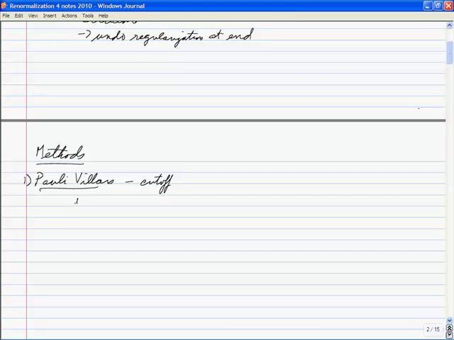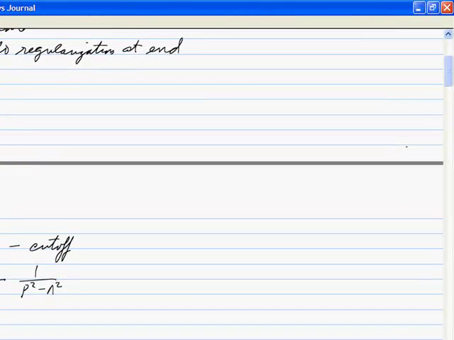And here's how you do it. You take a propagator, 1 over p squared minus m squared, and you subtract off from that 1 over p squared minus lambda squared. If lambda were infinity, then that's no change at all.